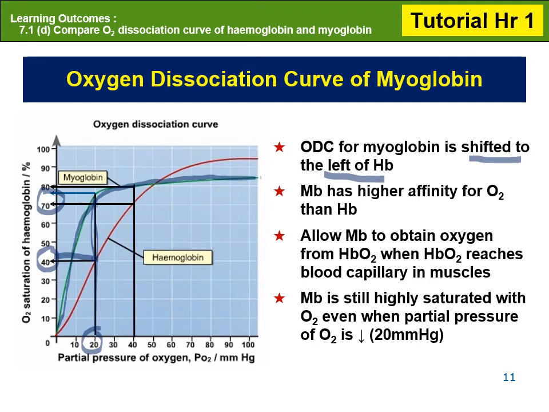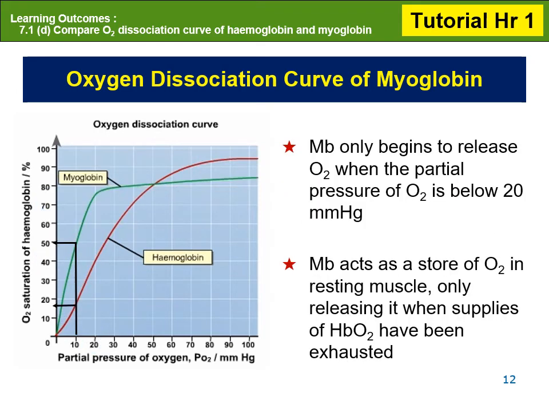Myoglobin is still highly saturated with oxygen even when partial pressure of oxygen is low, okay, pada 20 mm Hg. So that's why myoglobin has a higher affinity towards the oxygen even at low partial pressure of oxygen. Okay, its percentage saturation with the oxygen is still high.